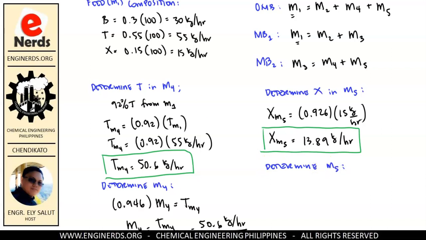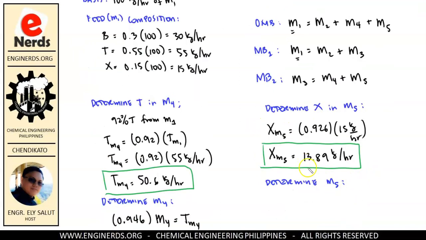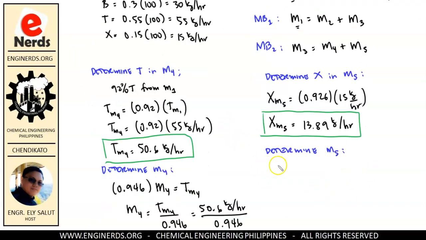So our M5 is equal to 13.89 divided by 0.776.